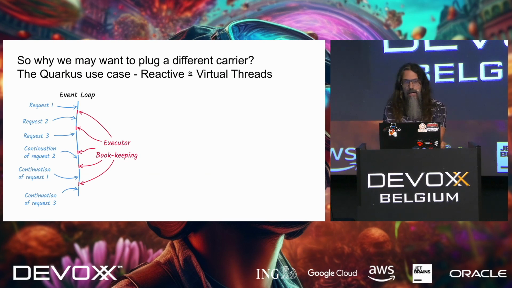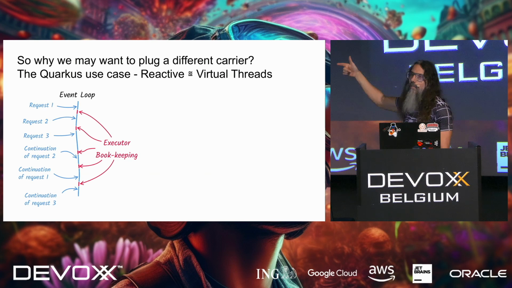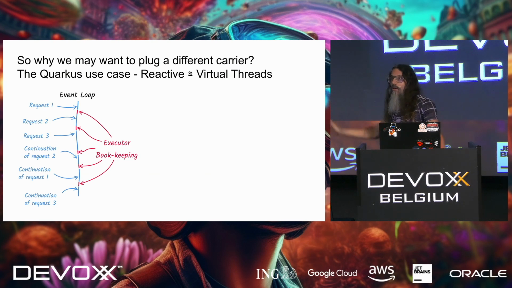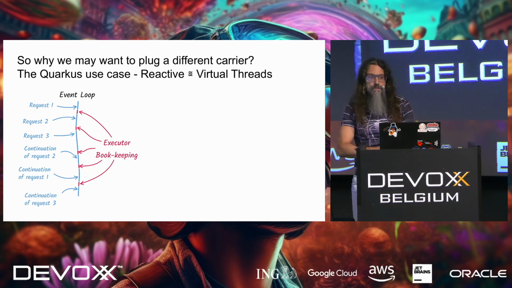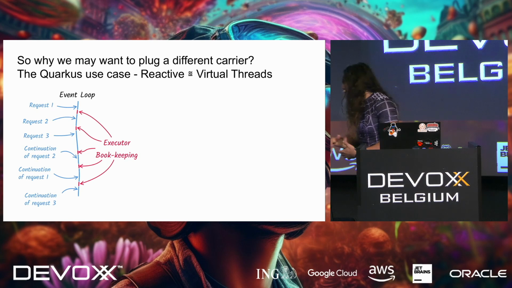Actually, it turned out that in Quarkus, for instance, we may have a very interesting usage pattern. If you know something about Quarkus, it is based on an event loop. What happens on the event loop is that you never block it. When you perform a blocking operation, that operation waits on a different thread, so you don't block the event loop, and a second request can be served.